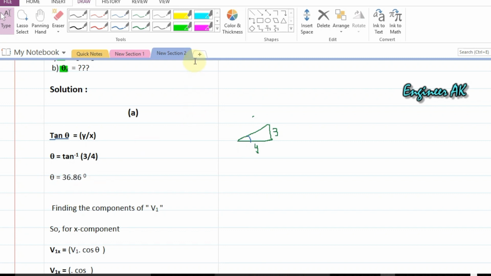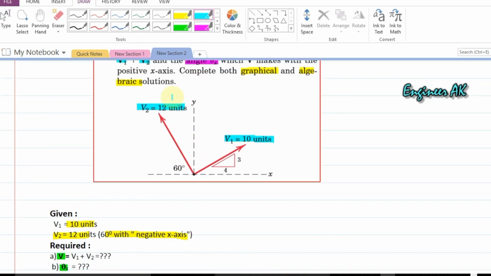So that's the angle that we have found, that this vector v1 is making 36.86 degrees with the positive x-axis.